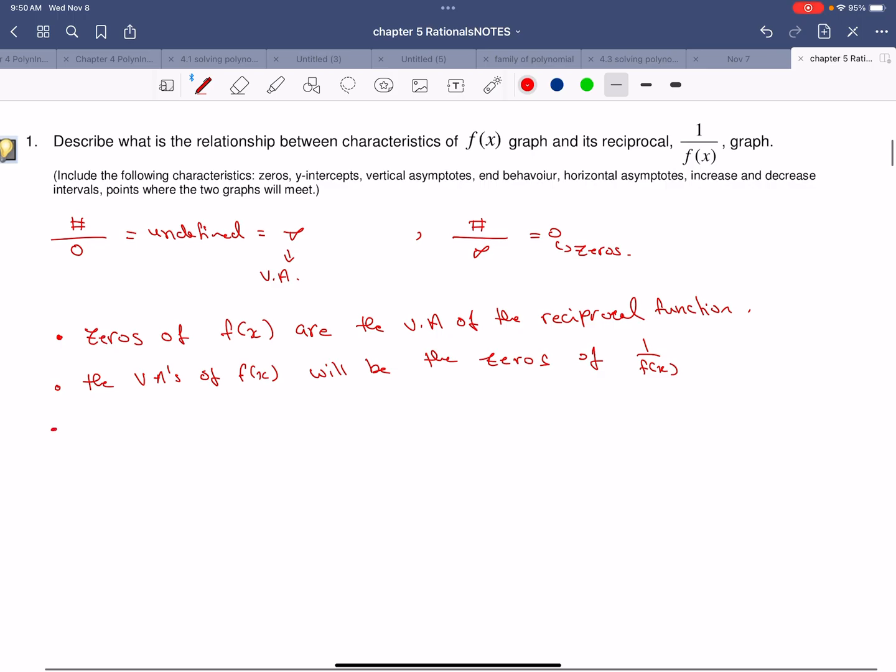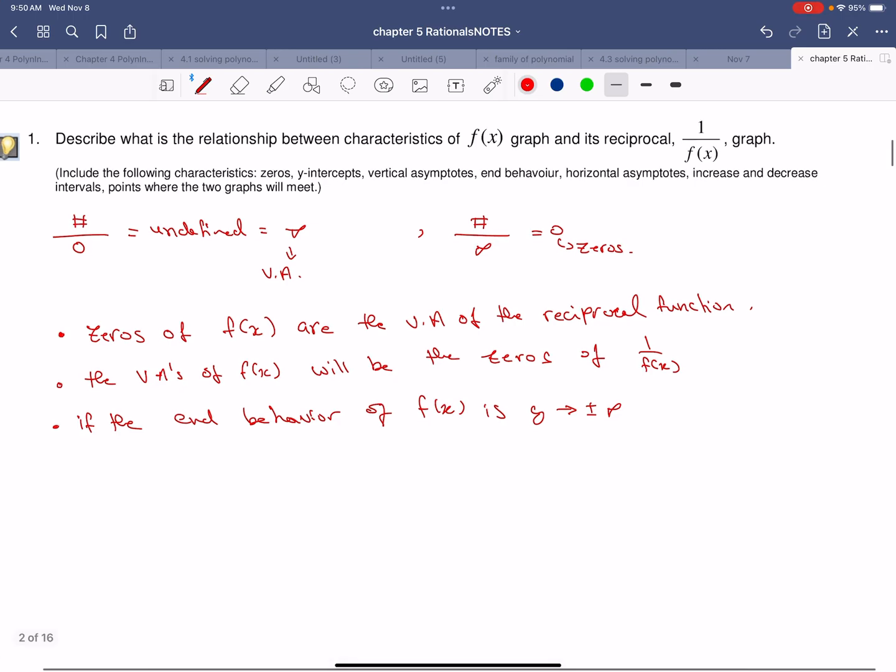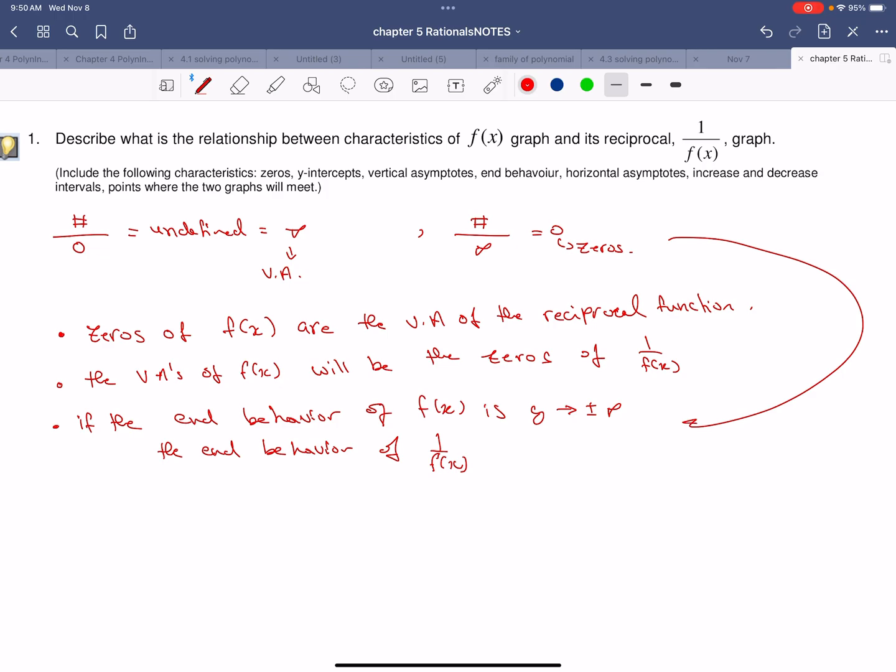If the end behavior of f of x is y approaches positive or negative infinity, then the end behavior of 1 over f of x is y approaches 0.